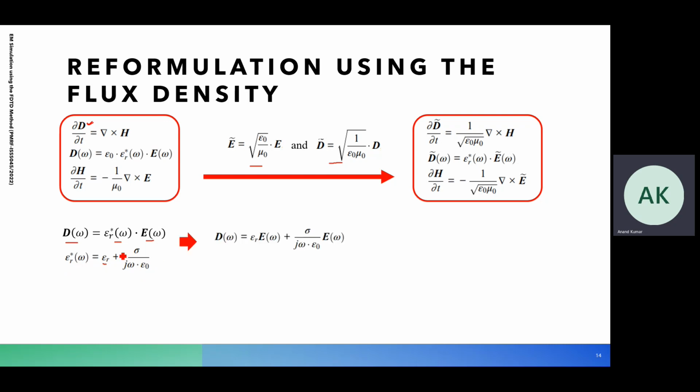Now, substituting this over here, we get a frequency domain result, but our FDTD is a time domain method. So we need this in the time domain. So we substitute the permittivity value in the expression for the flux density, and we perform the inverse Fourier transform of this expression.